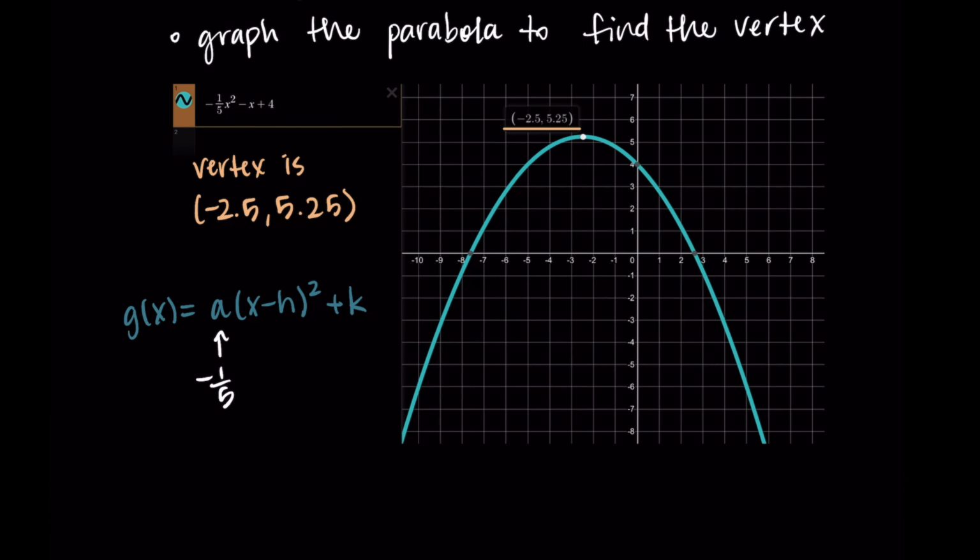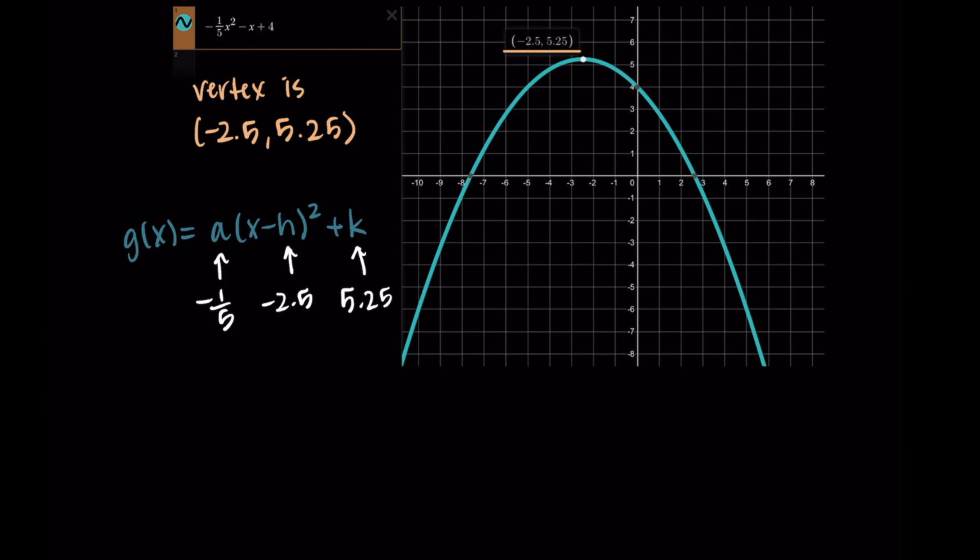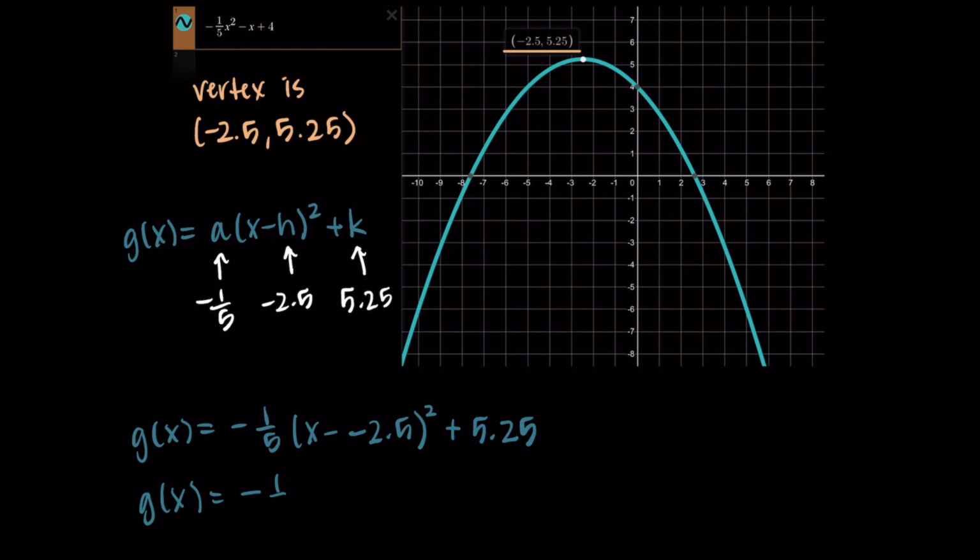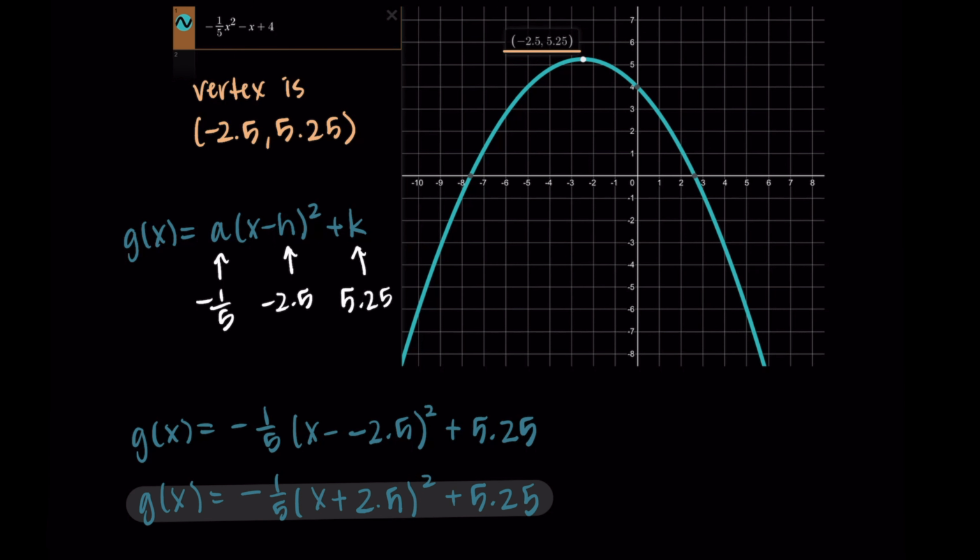My a value is -1/5, we had that already, my h value is -2.5, and my k is 5.25. Now we just put them in the formula. I'm going to write this as g of x equals -1/5 times x minus -2.5 squared plus 5.25. I don't really like that minus and minus, so I'll rewrite this as -1/5 times x plus 2.5 squared plus 5.25. And there we go.